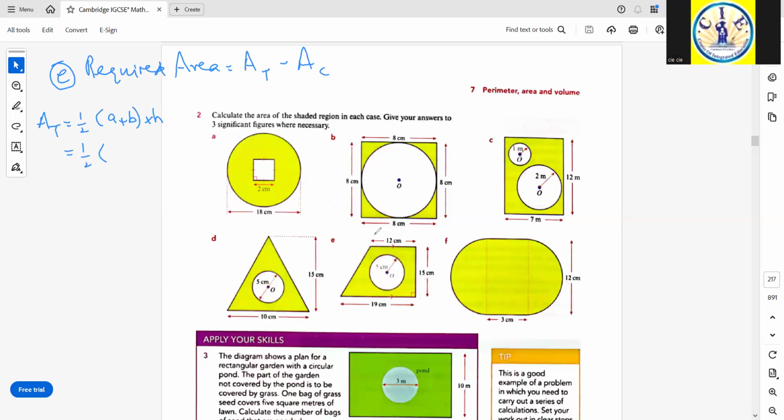And now the parallel sides are 12 and 19 times height, the perpendicular distance between these parallel sides. So this is 31 divided by 2 times 15. That is 232.5.